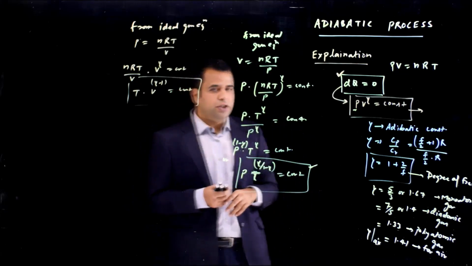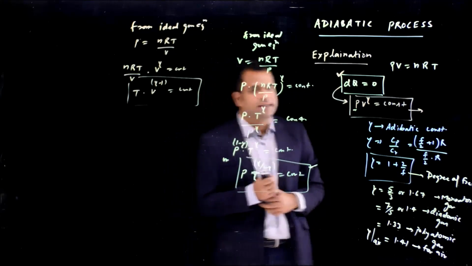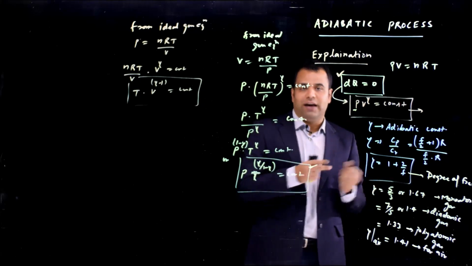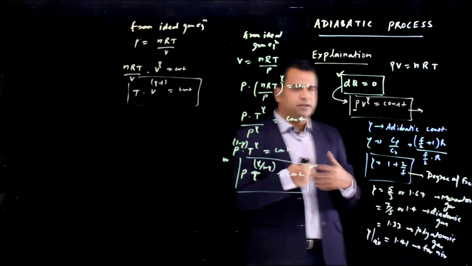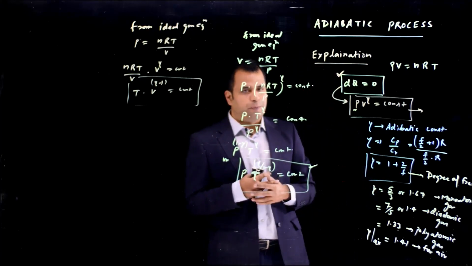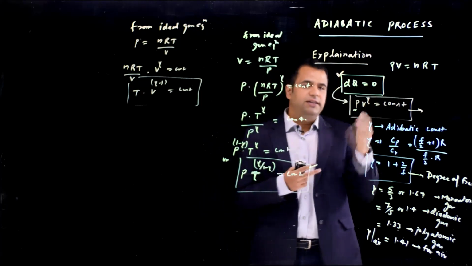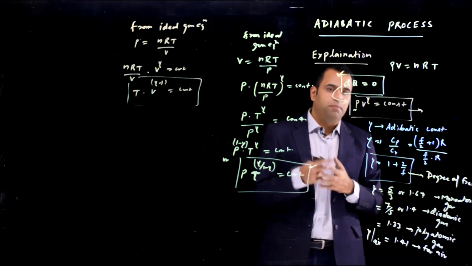So you can see, in case of the adiabatic process, the constraint was dQ is 0. We don't transfer any heat. It is due to us or due to the container we are dealing with. So the heat given to the system is 0. And when the heat given to the system is 0, we convert that equation in terms of P and V, because we are very accustomed to this format, pressure and volume.